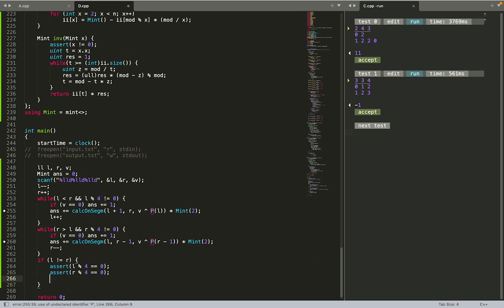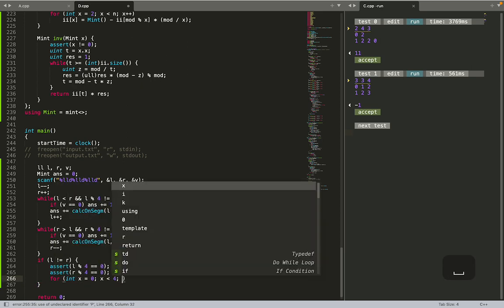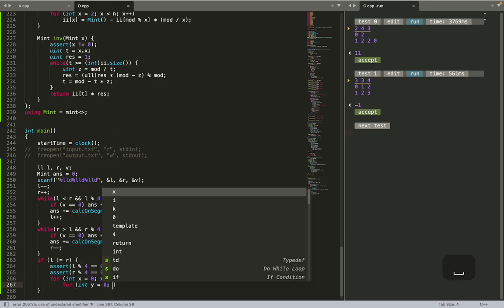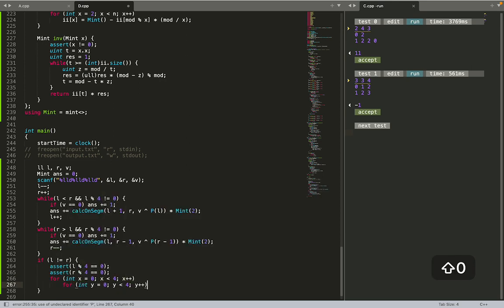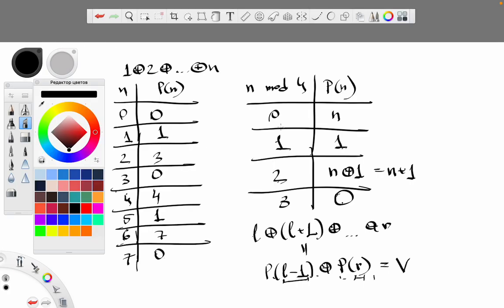So now I will iterate over remainders for the first and second modulo 4. Let's look at our table.